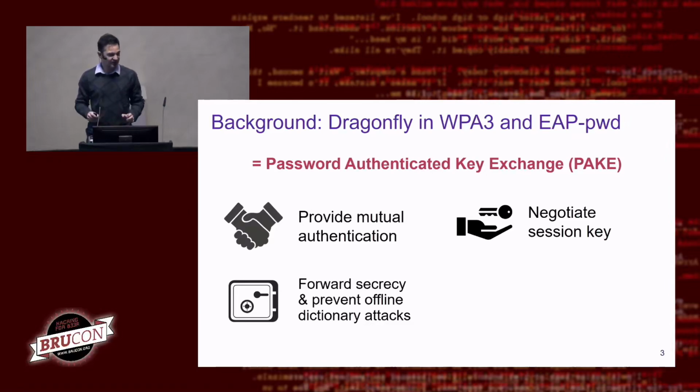But with WPA3, that is no longer possible. If you passively capture a WPA3 handshake, you cannot take that handshake offline and then try to do dictionary or brute force attacks against it.